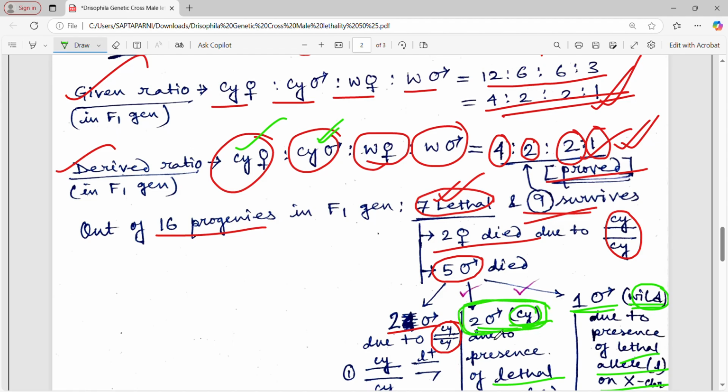Whereas there were also 2 wild females, so there should be 2 wild males too, but there is only one wild male. Why? Because another wild male is dead due to presence of lethal allele. That is how 50% of the males are dead in case of this question.